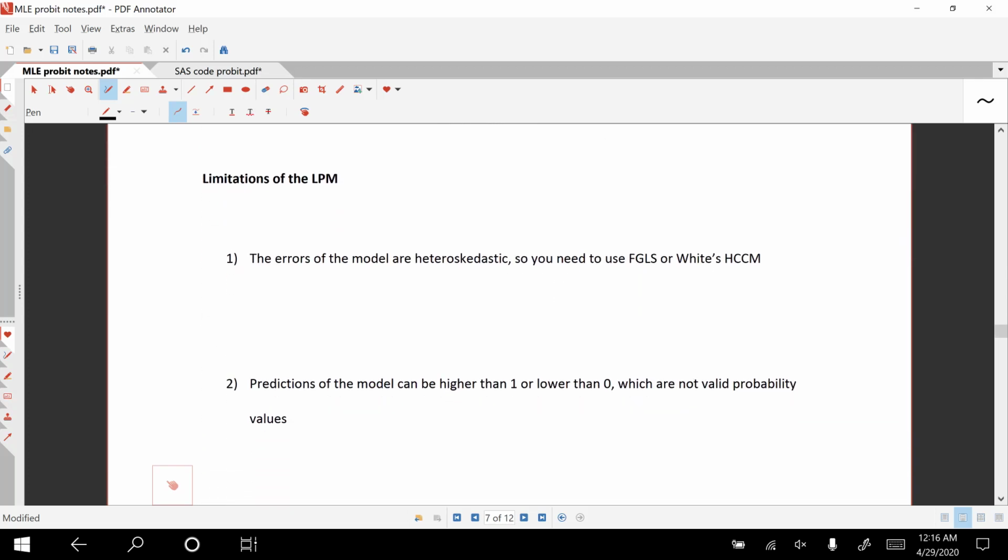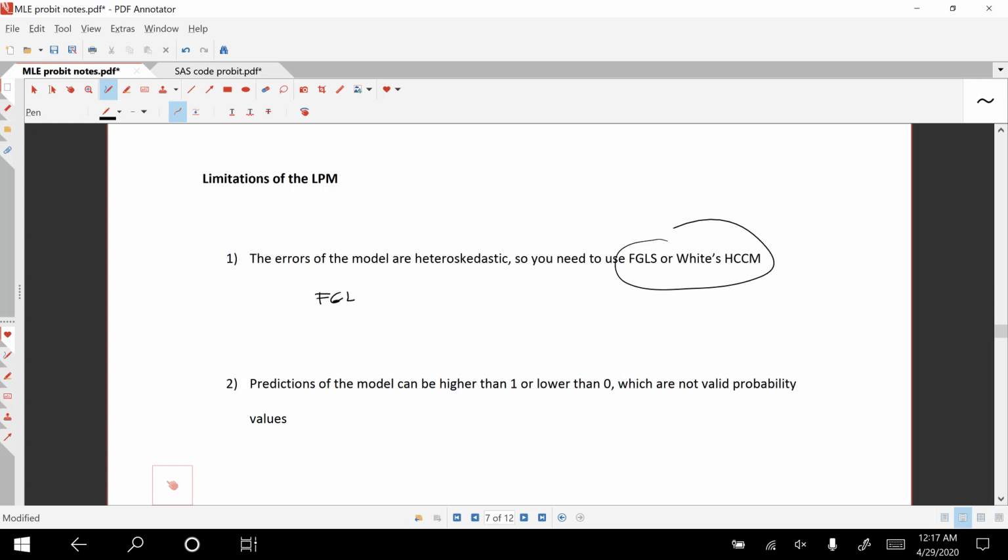Of course, this linear probability model has some limitations that you need to be aware of. The first thing is that the errors are going to be heteroscedastic. So you need to use feasible generalized least squares or the White heteroscedasticity-consistent covariance matrix. So what's going on here?